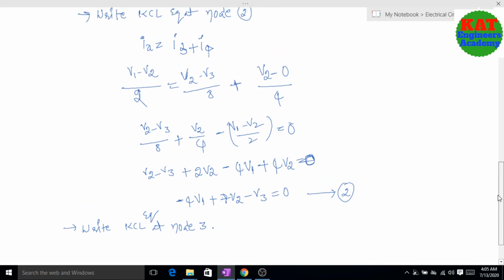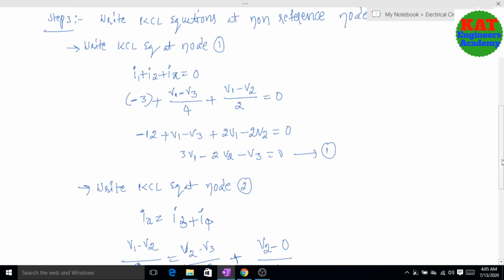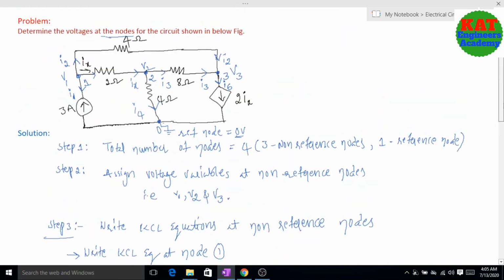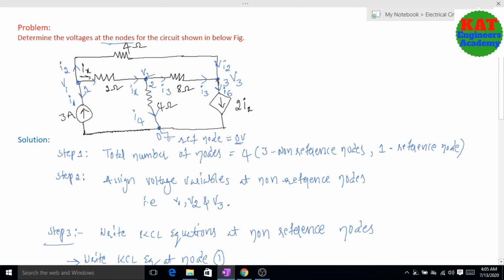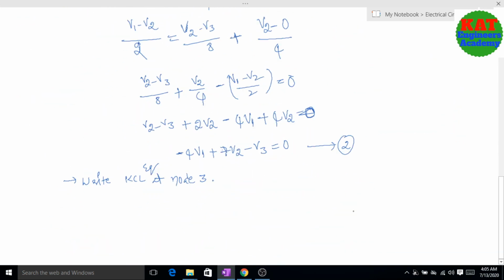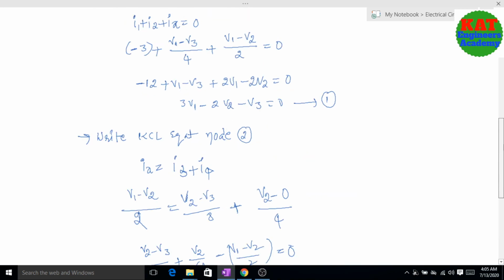At the third node, I3 and I2 are incoming currents, and I6 is the outgoing current. So you can write I3 plus I2 equal to I6.